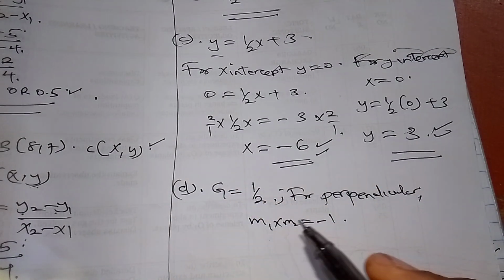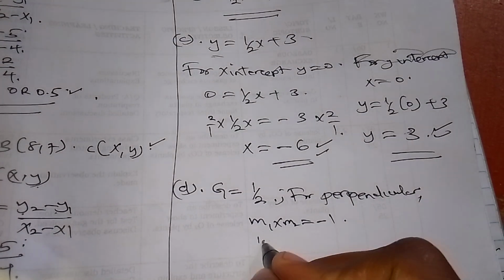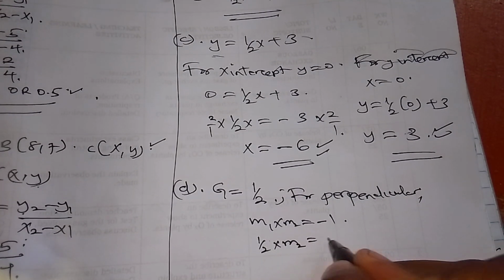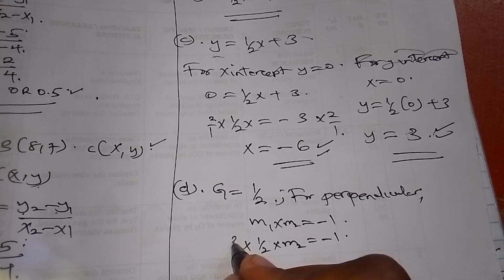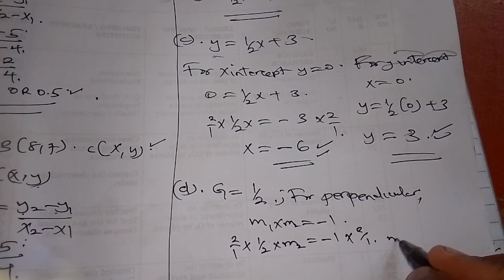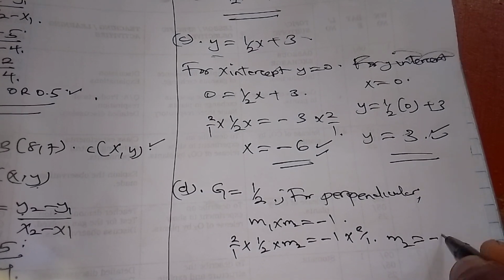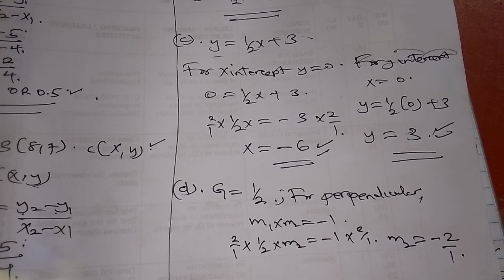Now, this one will be our M1, and we will be looking for M2. M1 is a half, times M2 is equal to negative 1. How do we make M2 the subject of the formula? Multiply both sides by 2 over 1, the reciprocal. So M2 is equal to negative 2 over 1.